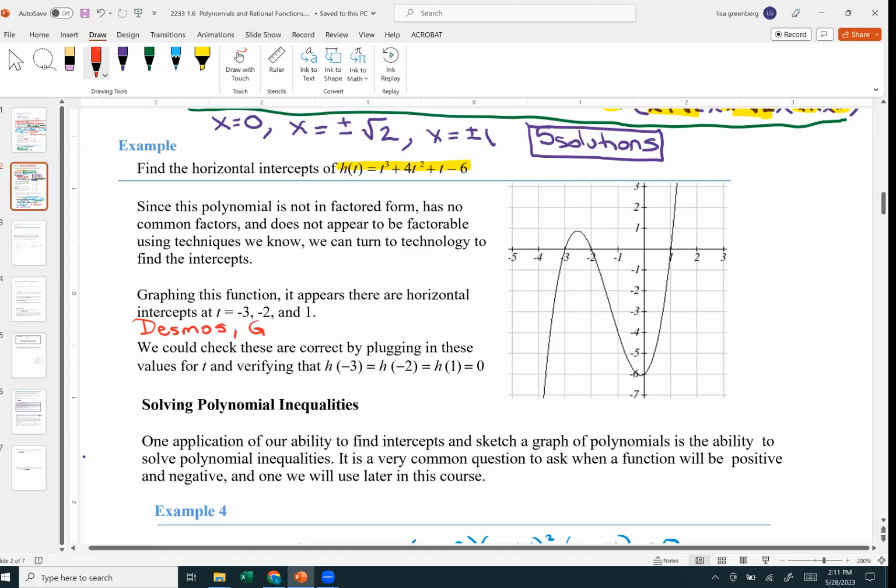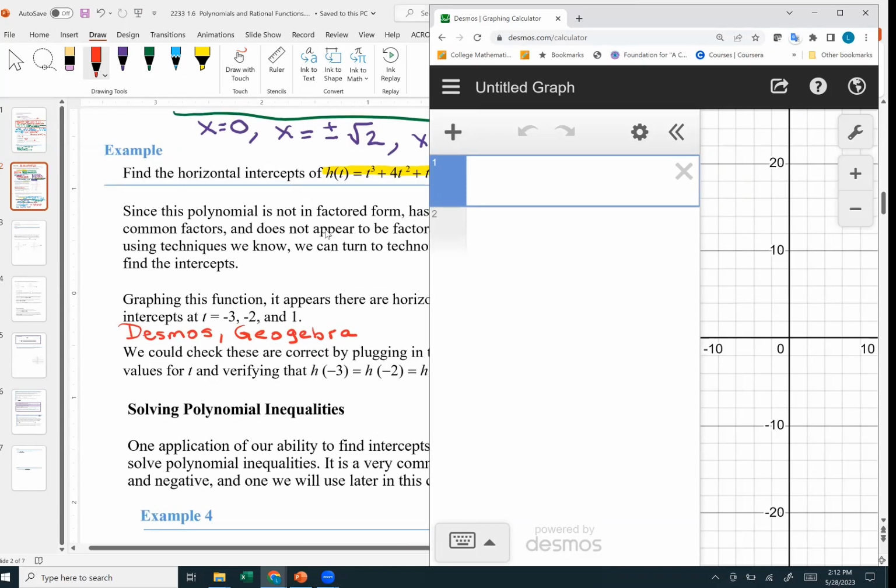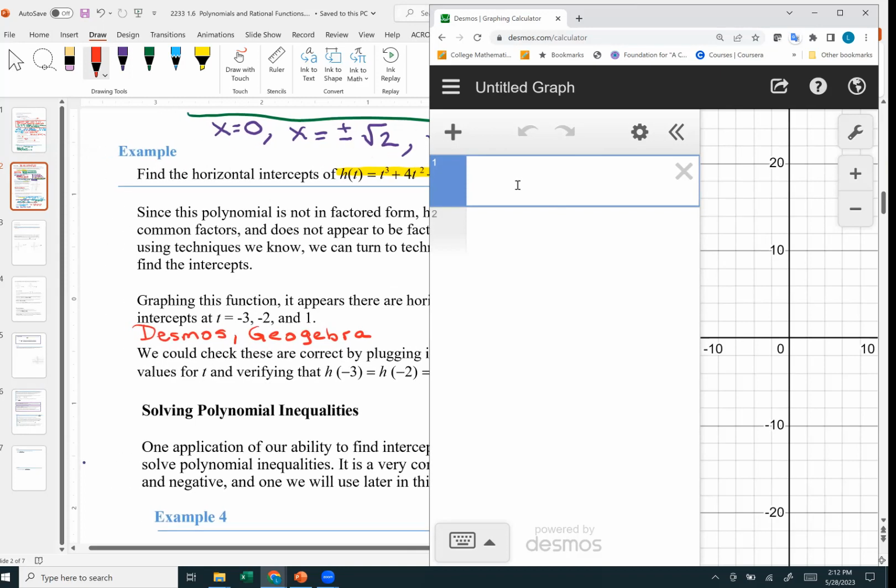There's GeoGebra, which is also a graphing calculator. Okay, so my function is, and I'm just going to write y equals, because this is obviously used to x's and y's.